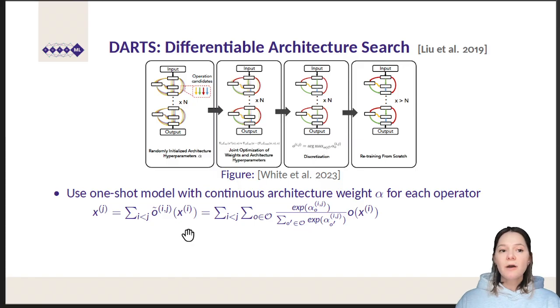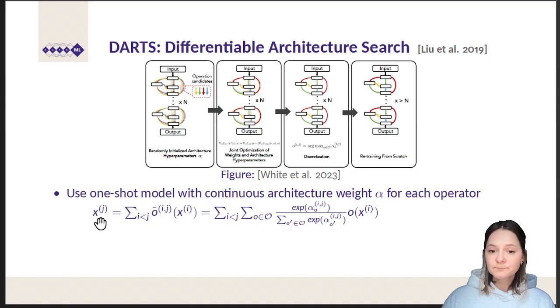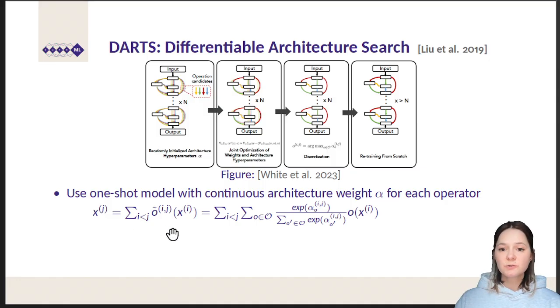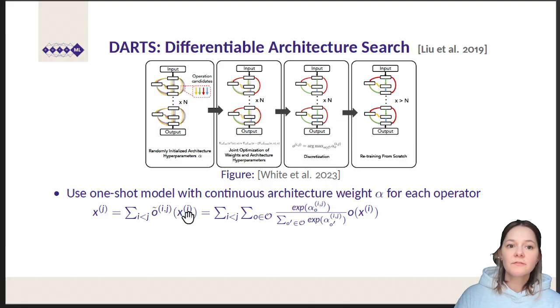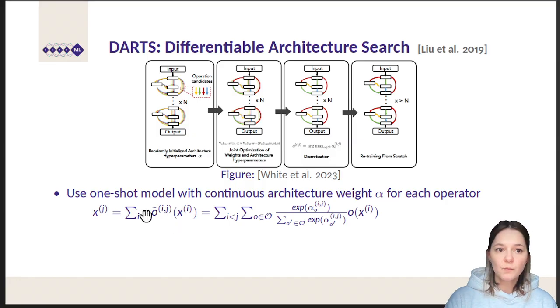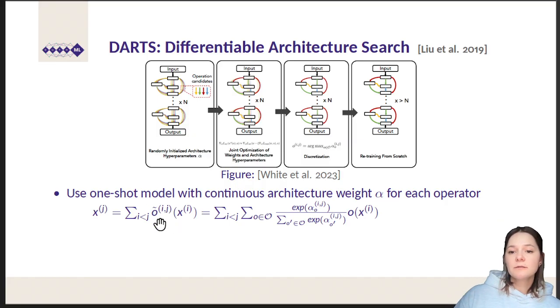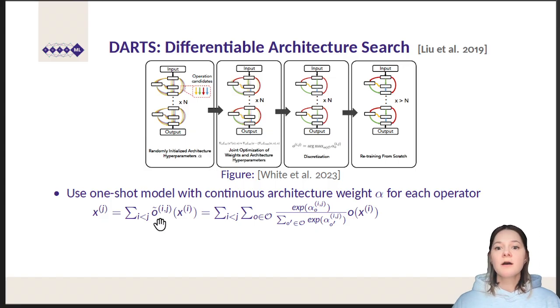So if we look now at our tensor x_j, the tensor is computed as a weighted sum over the predecessor nodes of j, being i, so here the predecessor node x_i, which is then calculated with an operator o tilde, which goes from node i to node j applied to this previous node x_i.